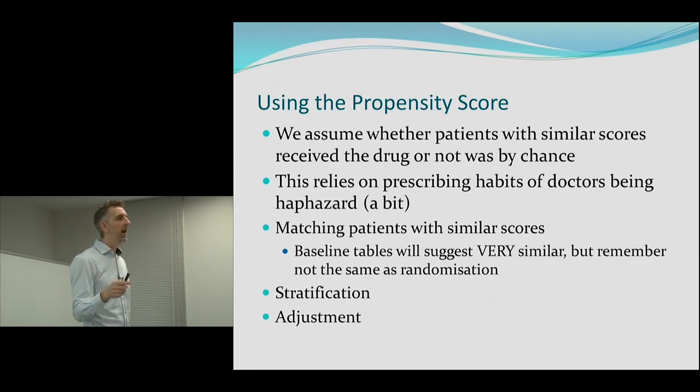It relies on the fact that doctors' prescribing habits are a bit messy and a bit haphazard. It doesn't mean that they're totally awful. It doesn't mean that when I go see my doctor, he just spins a wheel and gives me whatever drug the wheel lands on. But it means that there's a little bit of variation in how prescribing happens. Who here is a prescribing doctor?